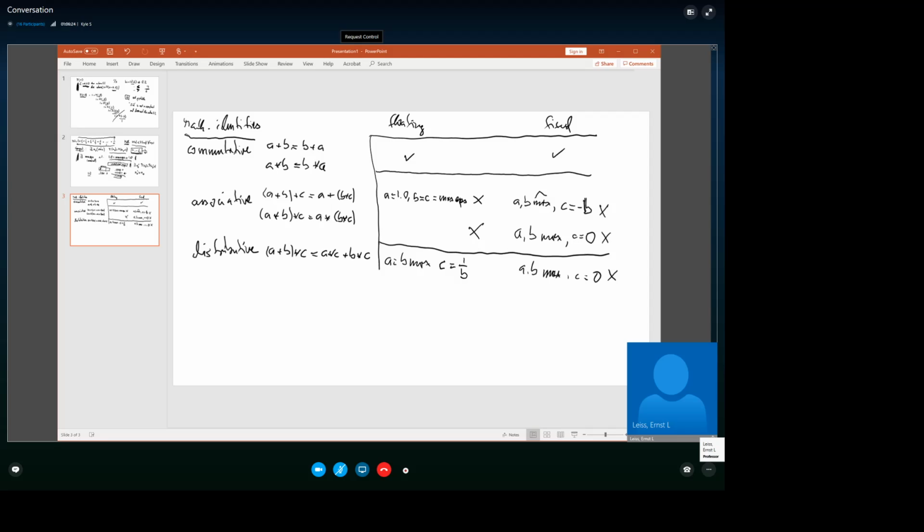Those mathematical identities are identities that we expect to be true, and now we know that that is not the case.